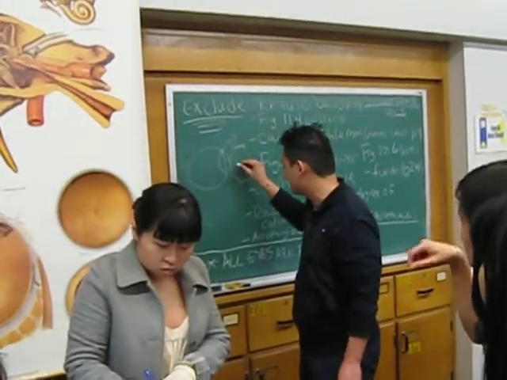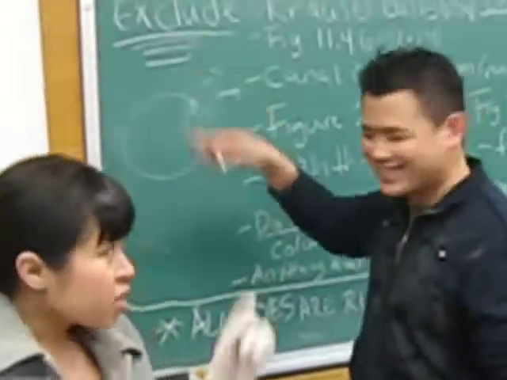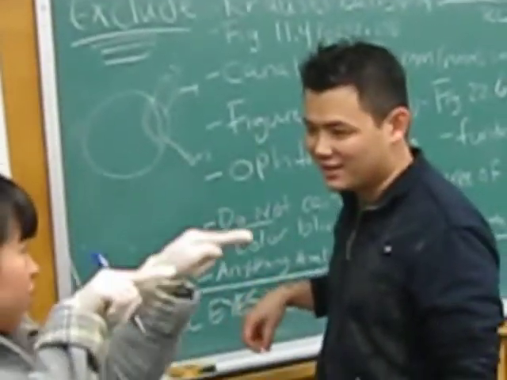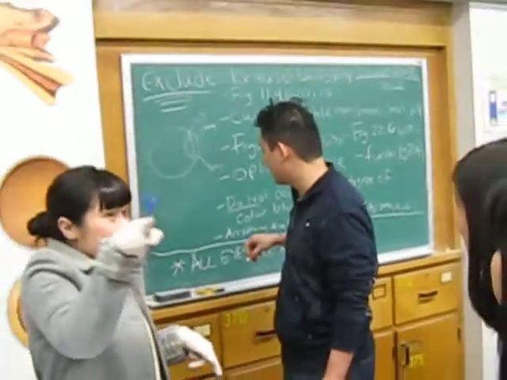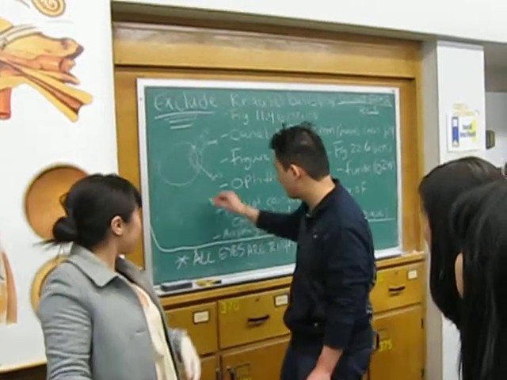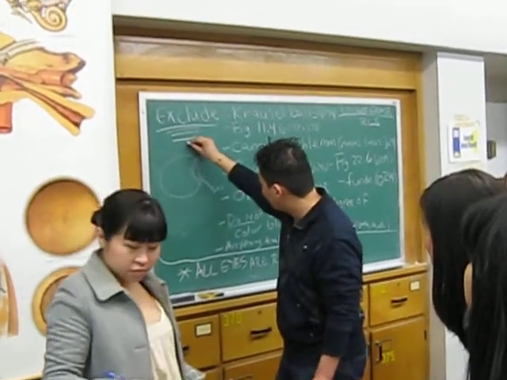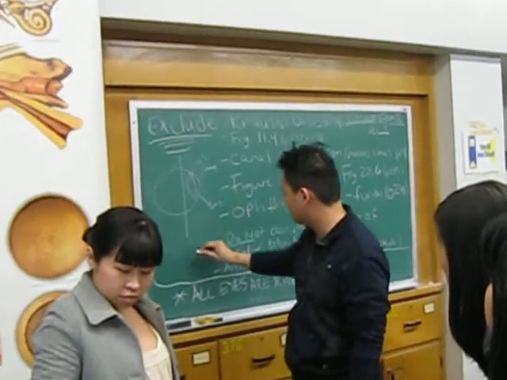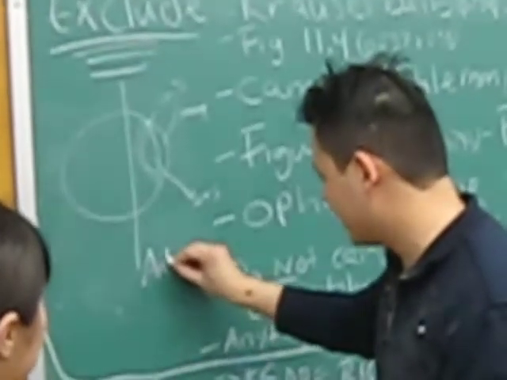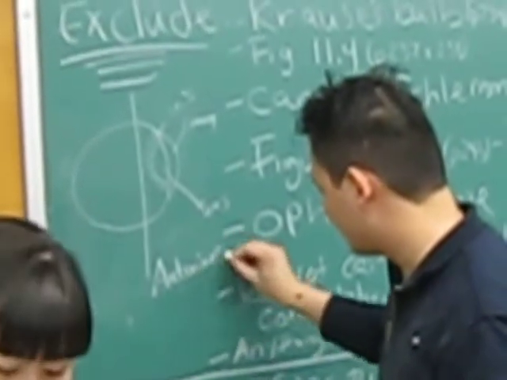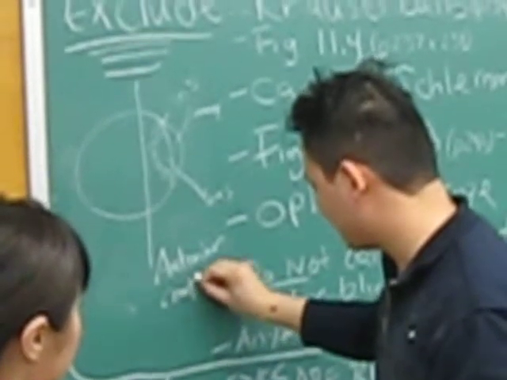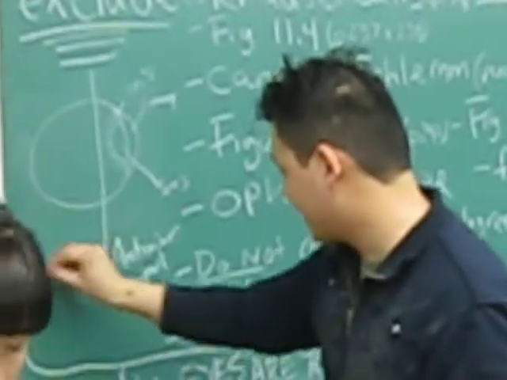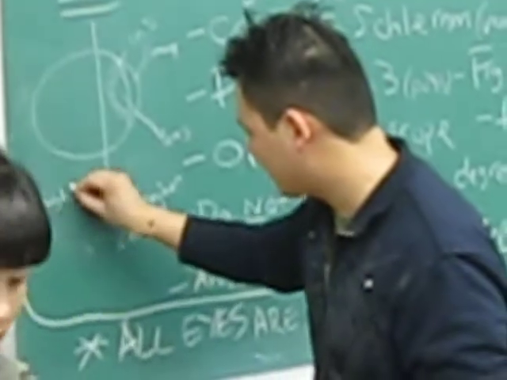It's hard to draw, but it's the hole. Right about here, this is the anterior compartment. This side is the posterior compartment.